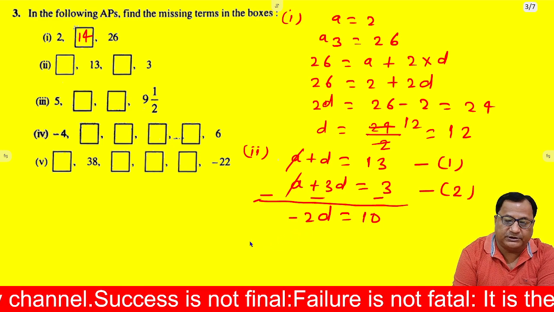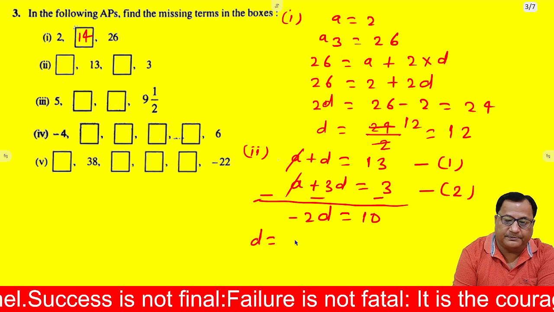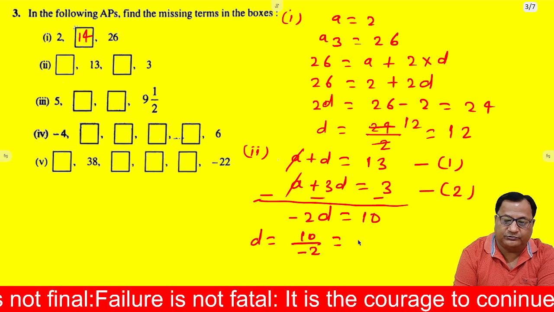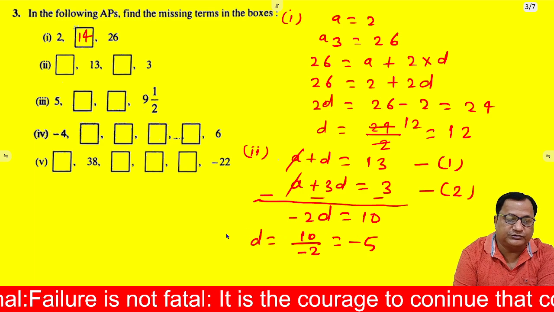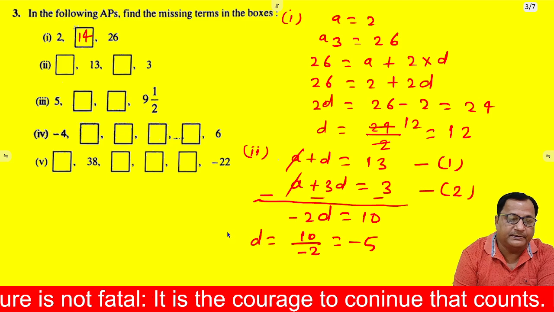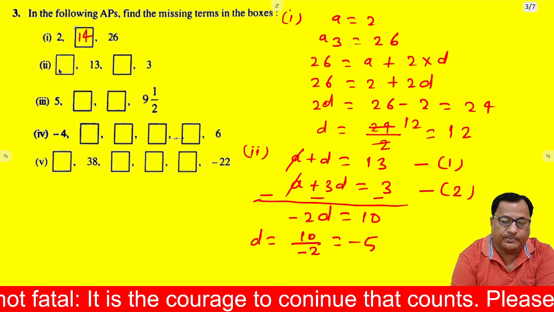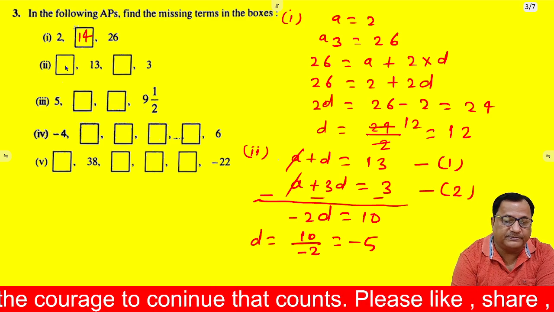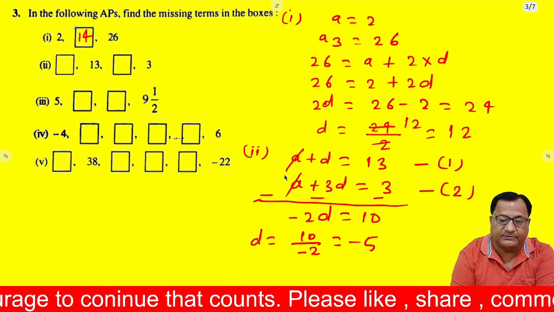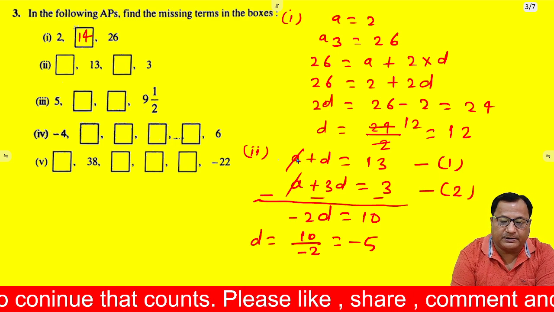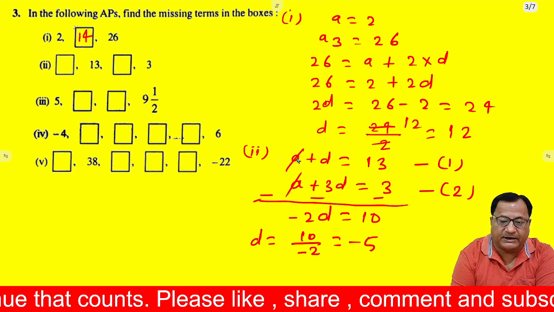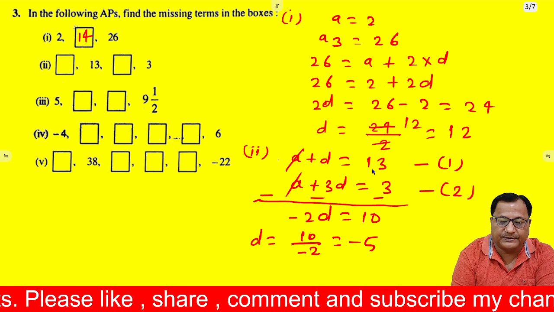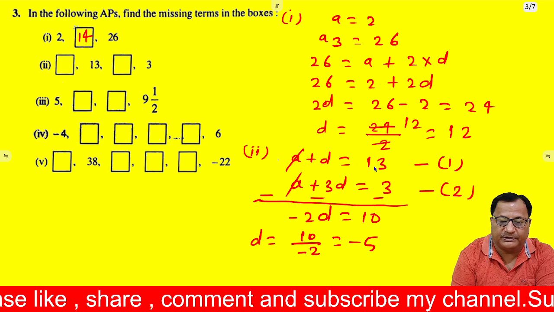So d is equal to 10 by minus 2, which is minus 5. So d is minus 5. Now the first term we can find by putting d in equation 1: a plus d is 13, so this goes to the other side, and d is minus 5, so this will be 18.